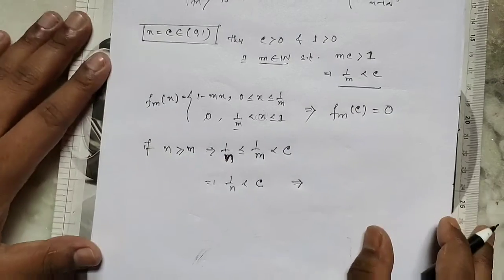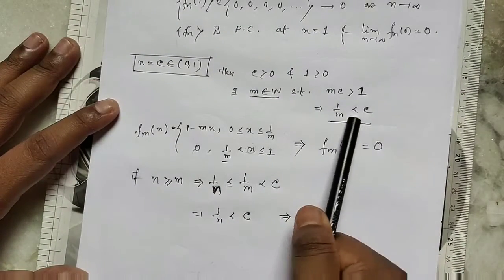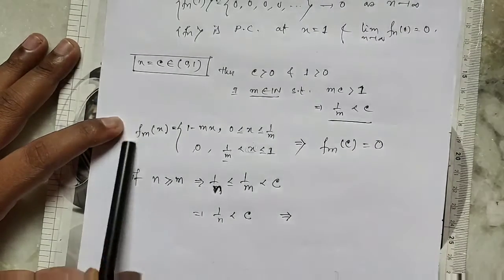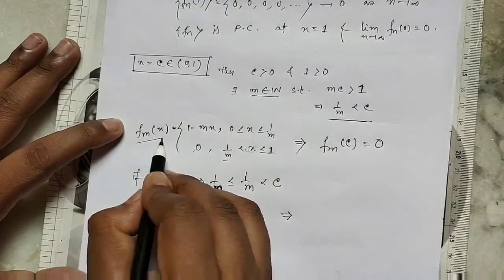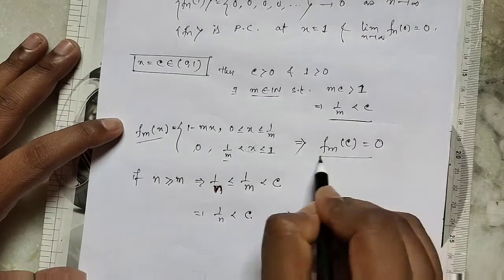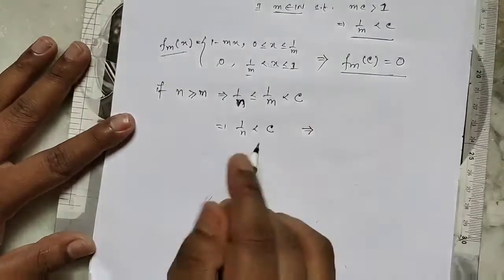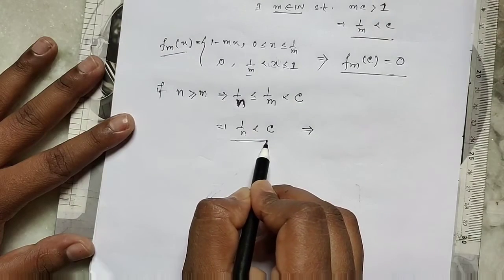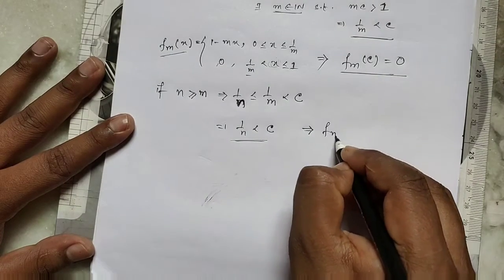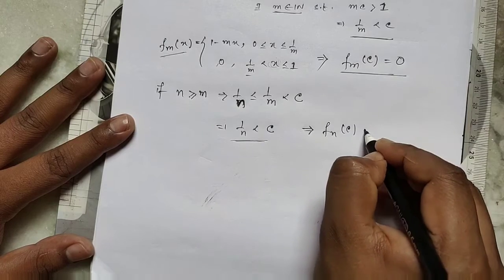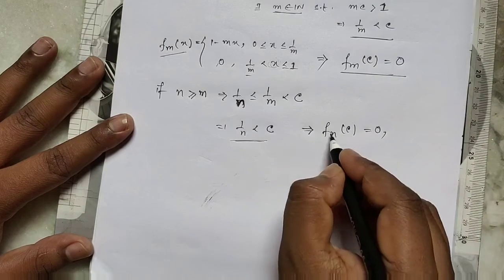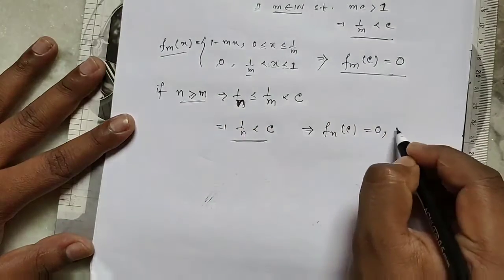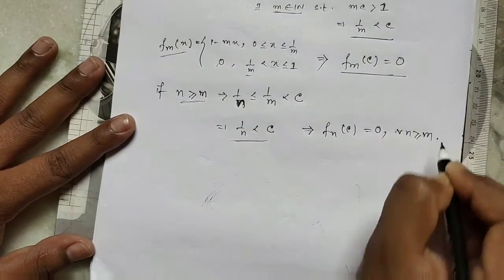Since 1/m is less than c, then by the definition of f_m(x), f_m(c) equal to 0. If 1/n is less than c, then this implies f_n(c) is equal to 0 for those n which are greater than or equal to m, so for all n greater than or equal to m.